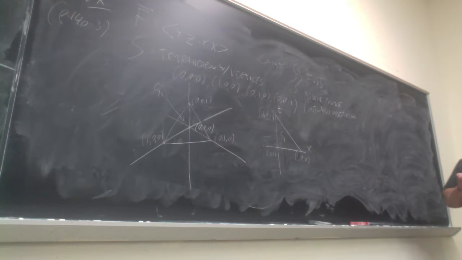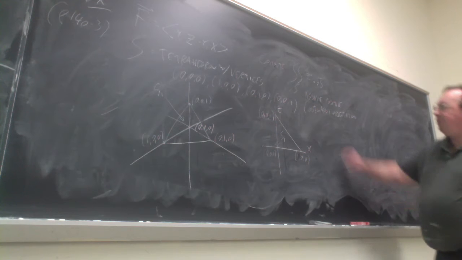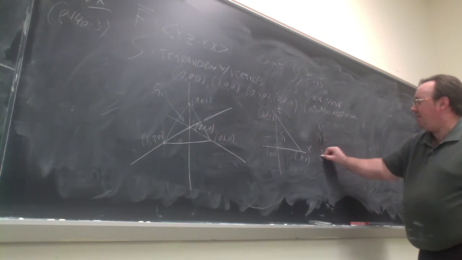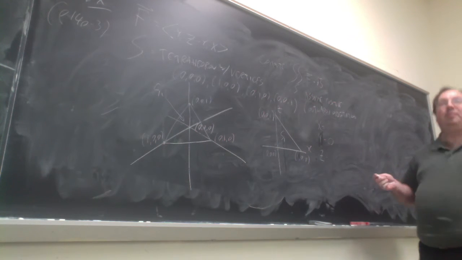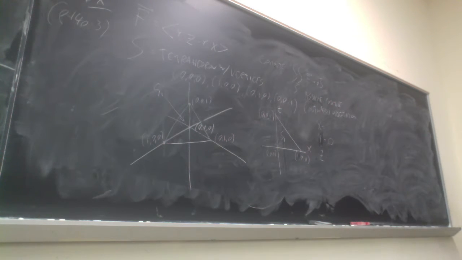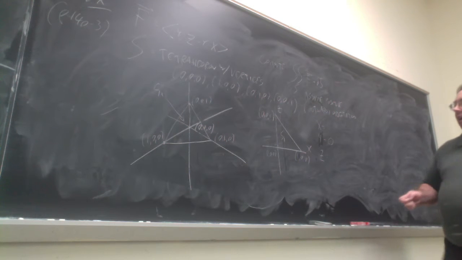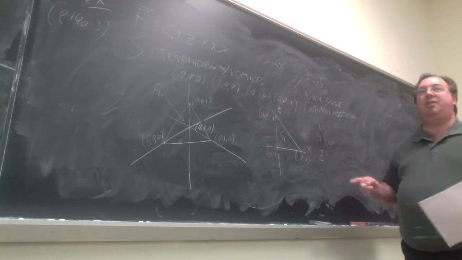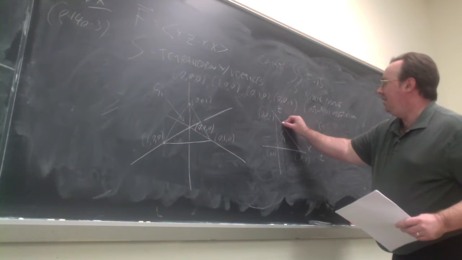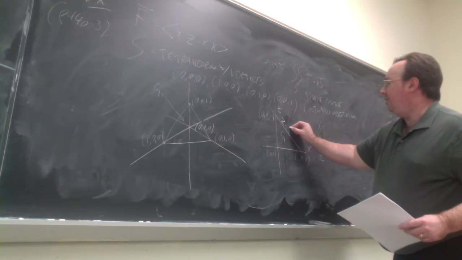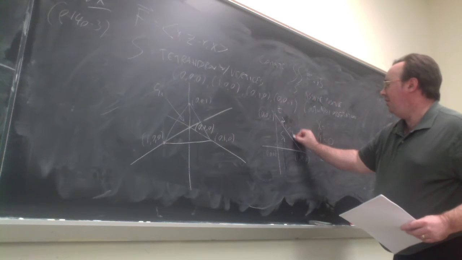Well, that face is entirely contained within the plane y equals 0. So if I want to make my parametric equations x, y, and z, well, y is going to be 0. So at least for each of these faces, one of the variables is going to be trivial. And then I can describe z as a function of x, because the equation of this boundary is z equals 1 minus x.